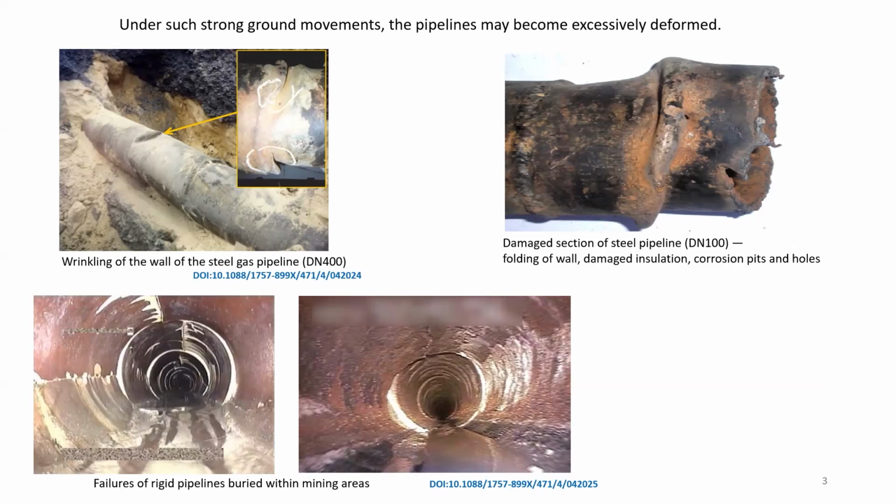The examples of failures of steel pipelines in the mining areas you can see on the top of the slide, while the examples of failures of rigid pipelines buried within mining area are illustrated at the bottom.